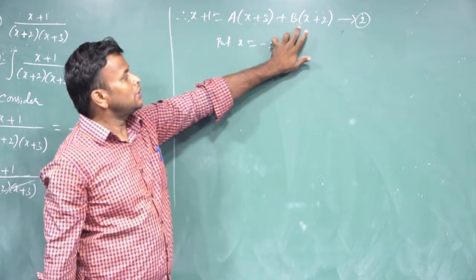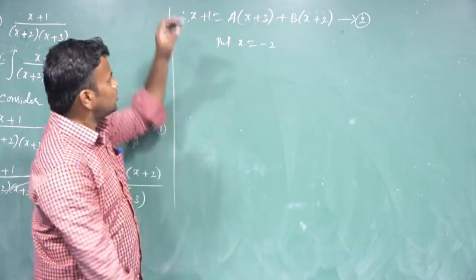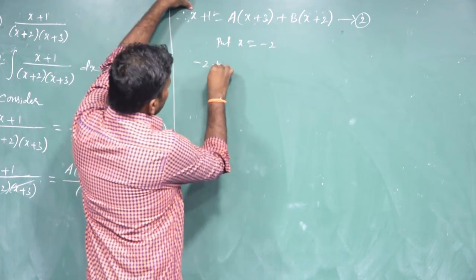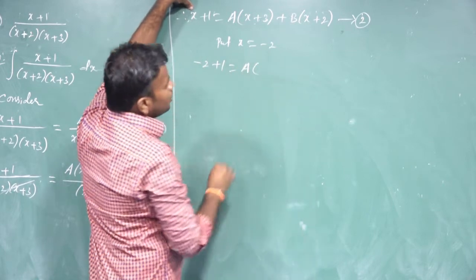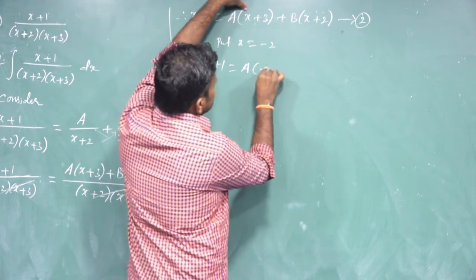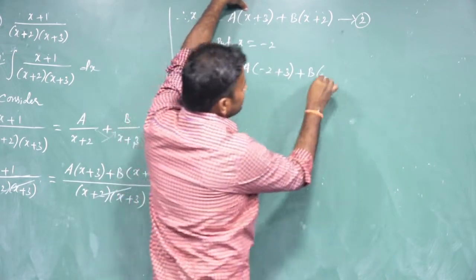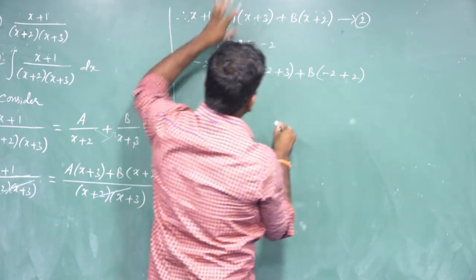Depending upon the given sum, the value of x can be changed. So I eliminate b and find the value of a by putting x equal to minus 2. Minus 2 plus 1 equals a of minus 2 plus 3 plus b of minus 2 plus 2.